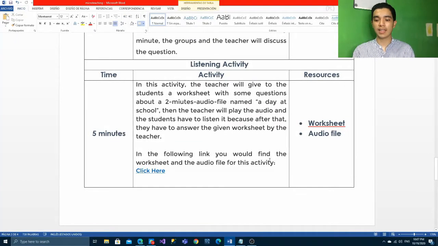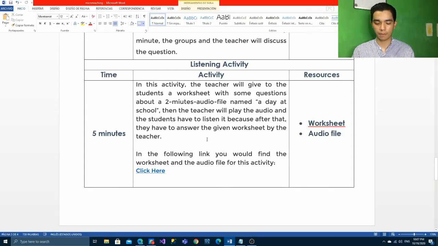Then we have the listening activity. In this activity, the teacher will give the students a worksheet with some questions about a 2 minute audio file named A Day at School. Then the teacher will play the audio and the students have to listen to it, because after that they have to answer the given worksheet.